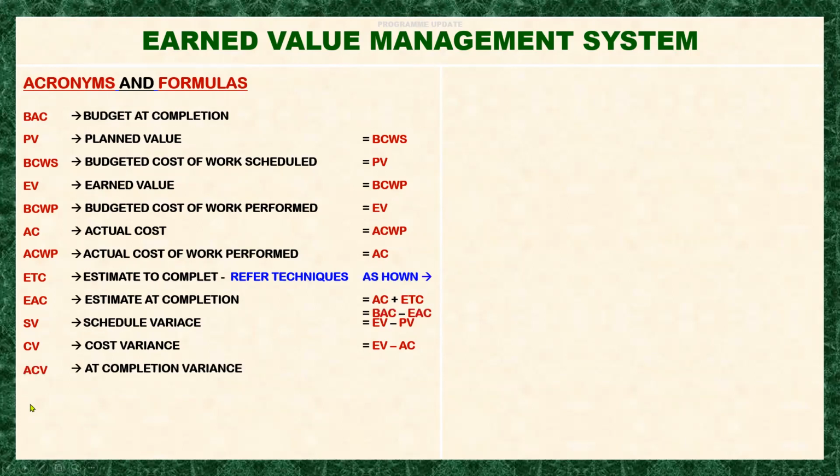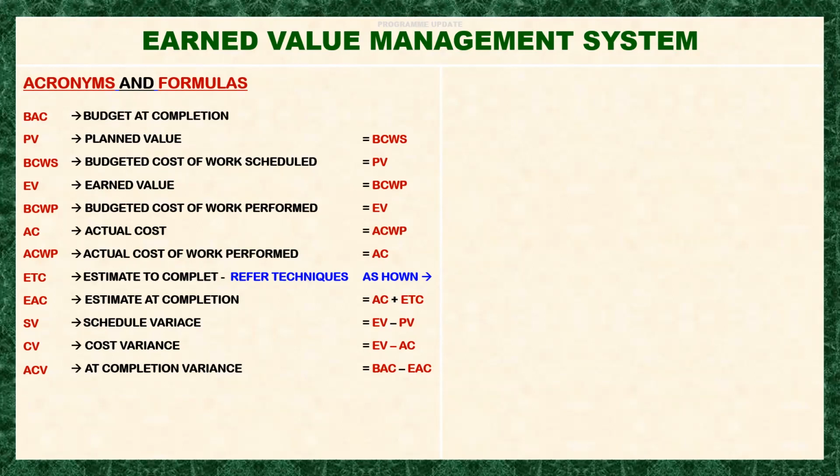Okay, let's go forward. So EAC, that is the at completion variance. That means you set up your project, you have the planned cost, and now when you execute your work, it comes out that you are not performing well, and your completion is getting extended. So of course you have to extend your resources, and you have to extend your cost, and it is an additional cost, right?